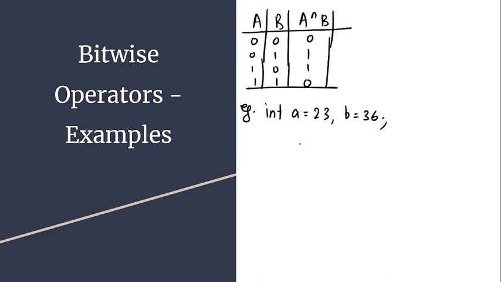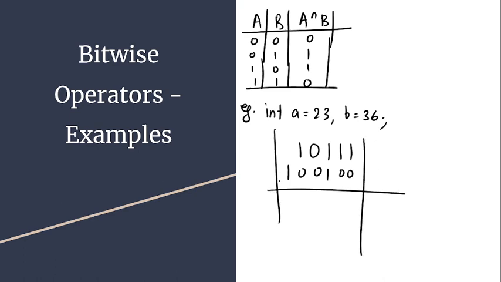So 23 is 16 plus 8 is not required, plus 7. So this is your 23: 16 plus 7. 36 is 32 plus 4.